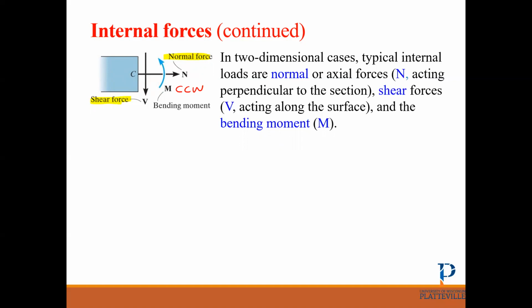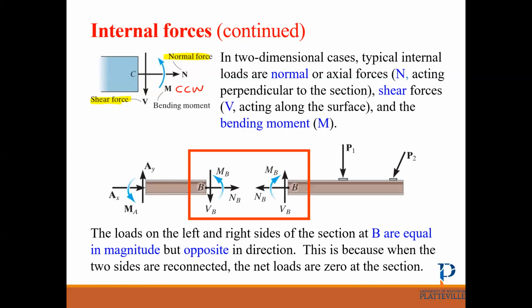How can we find out the direction at any given point? This is the convention that we have in the red box. If you want to analyze the left side of the beam, all the time the normal force is going toward outside, the shear force is going down, and the moment is counterclockwise. How about the other side? It's just the opposite.